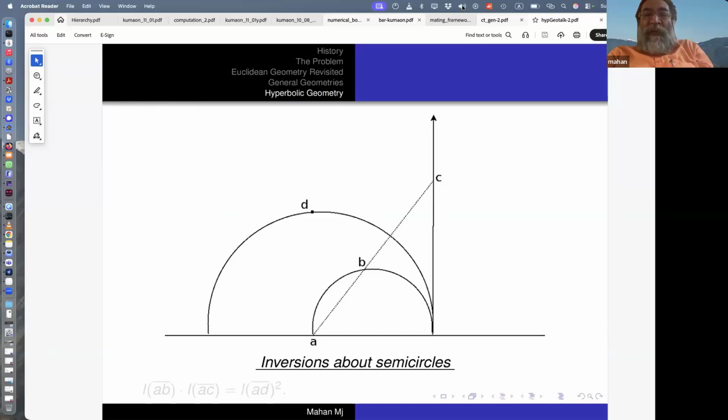This vertical straight line, when inverted about the large semicircle, gives me the small semicircle, which is also tangent to the original line, but it passes through the center of the bigger semicircle and meets the boundary of this upper half plane, namely the x-axis, at right angles. Why is this the case?